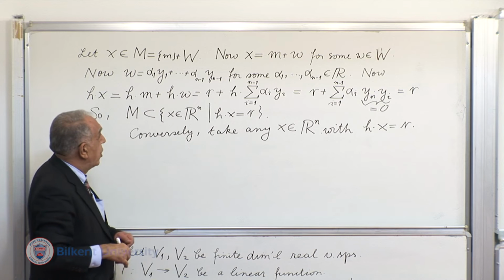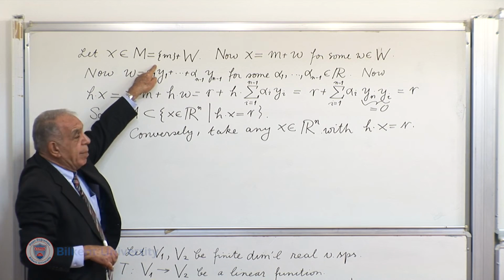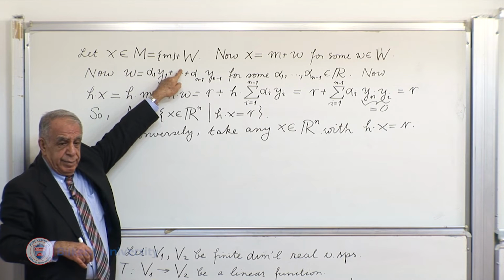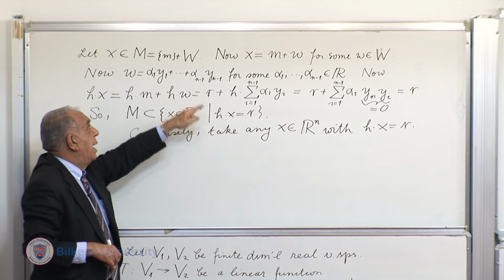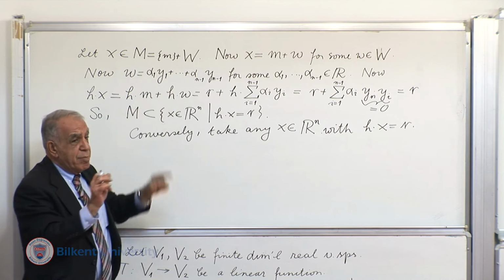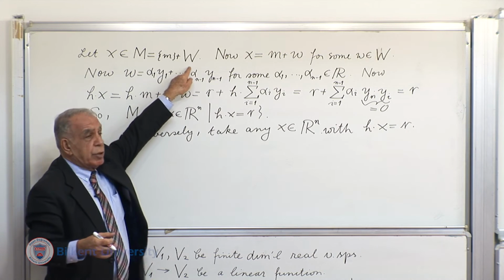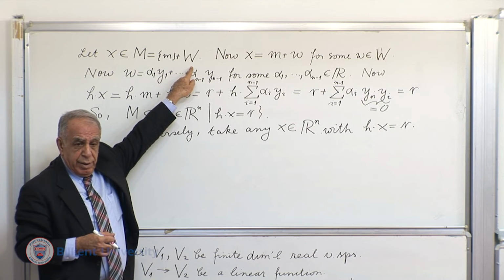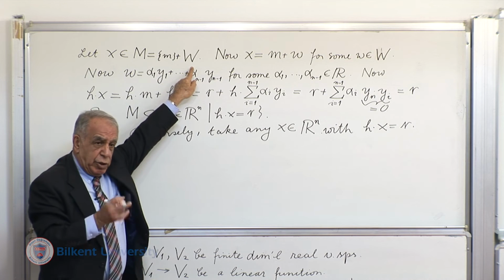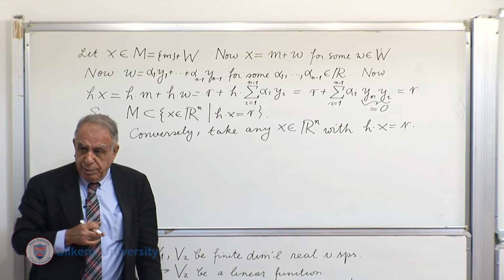Now we wish to show that x belongs to N, that is to this set. But for x to belong to this set, well, then x is m plus x minus m. x minus m should belong to W. Let's try to show that x minus m is in W.